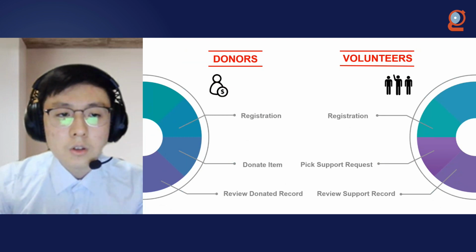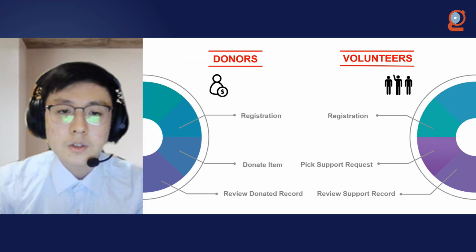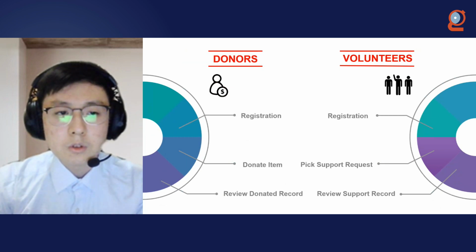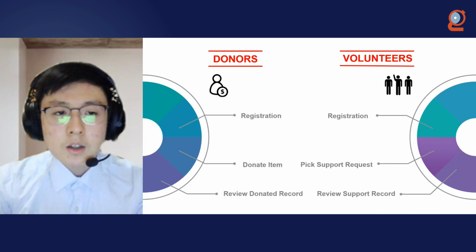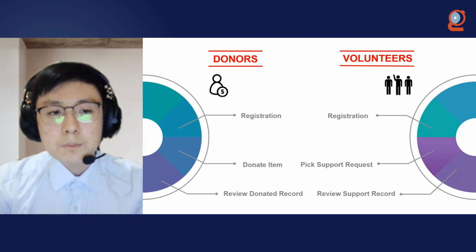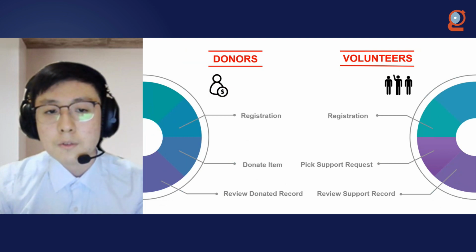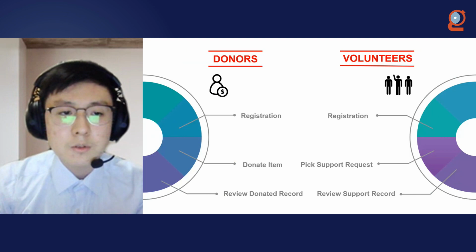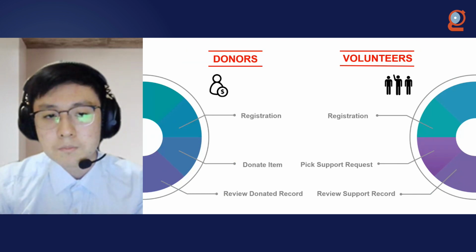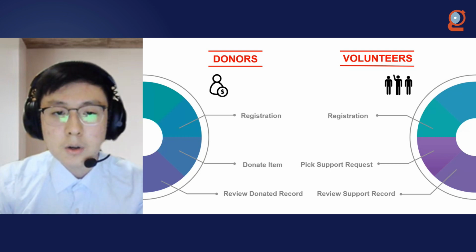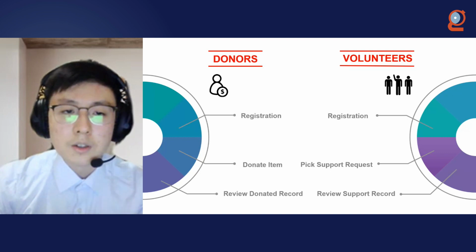On the donor page, we separate the application and management functions: registration, donate item, review the donation record. The volunteer page has two sections. Pick support request is for a volunteer to select the student case and pick the date and time to meet up. Review the support record is for a volunteer to follow up on the case.